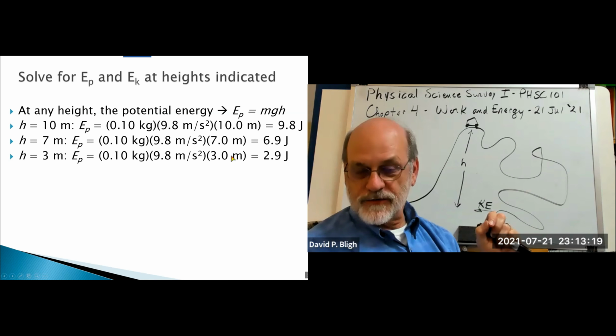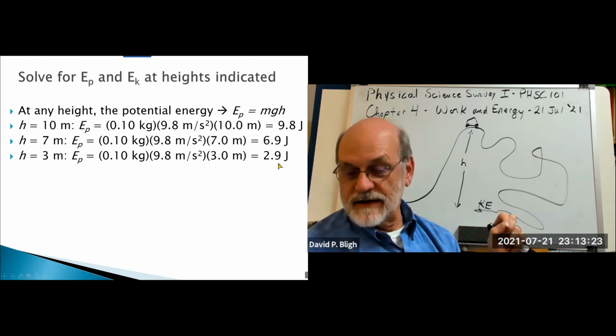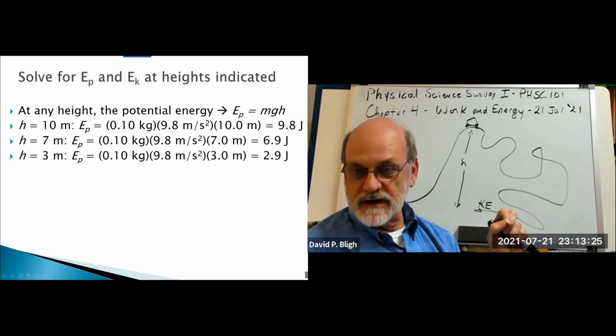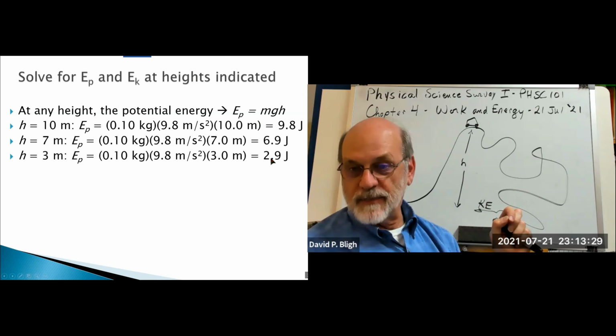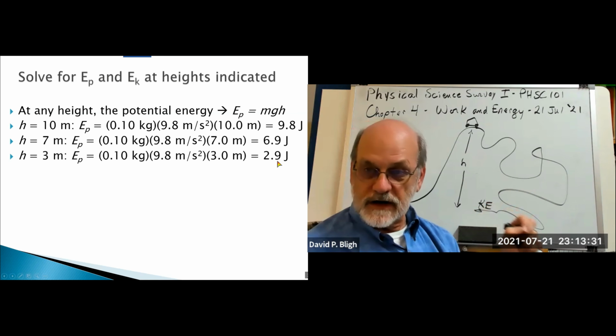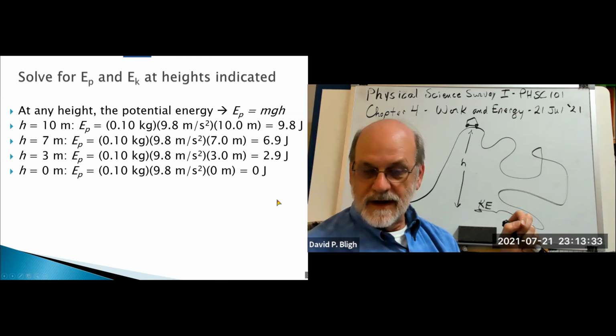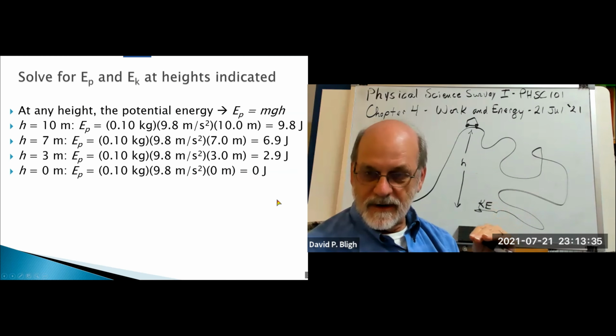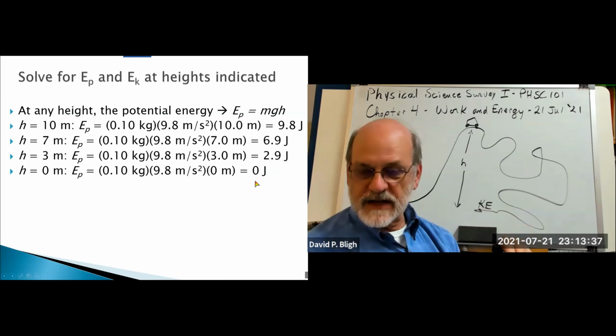And now at 3 meters height, it only has 2.9 joules left of potential energy. The 6.9 joules between the top and this position is now converted into kinetic energy. And when it stops at the bottom, there's no more potential energy. It's all kinetic energy.